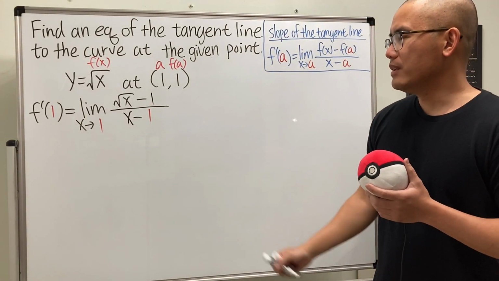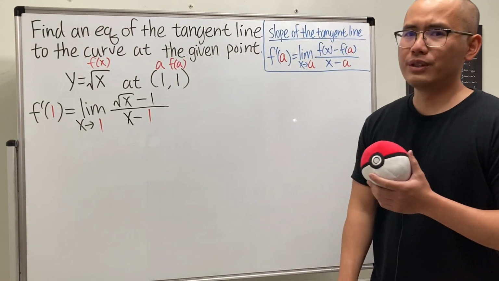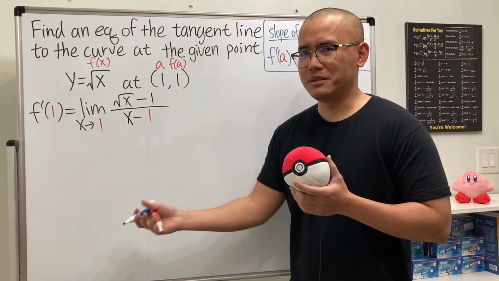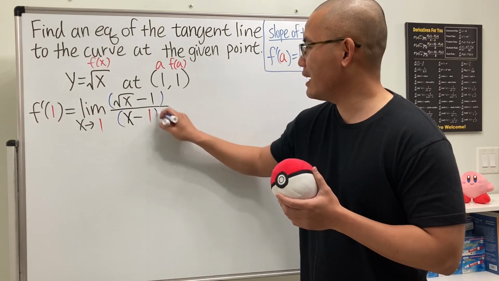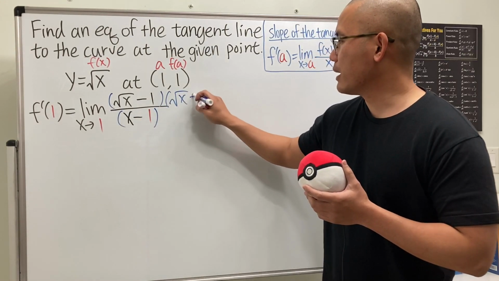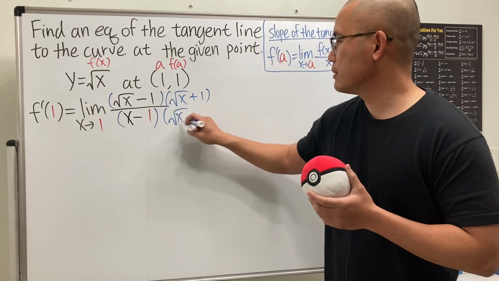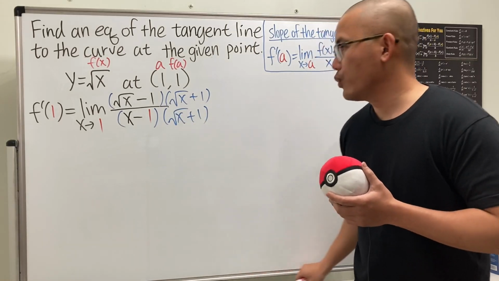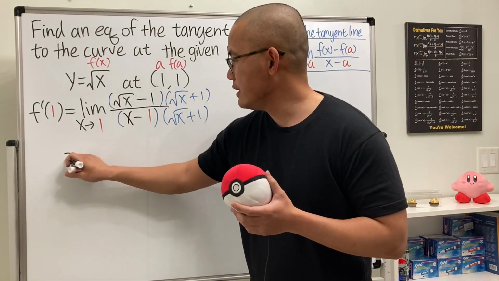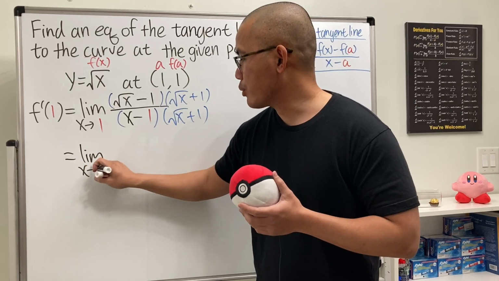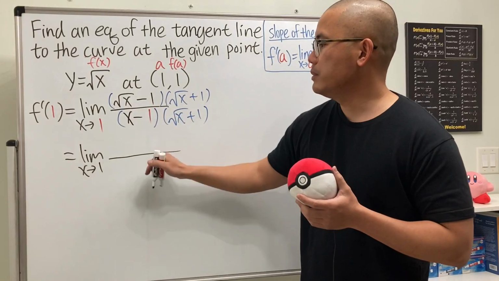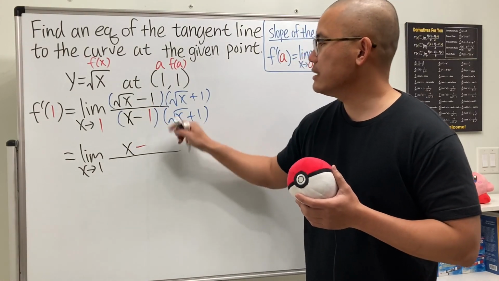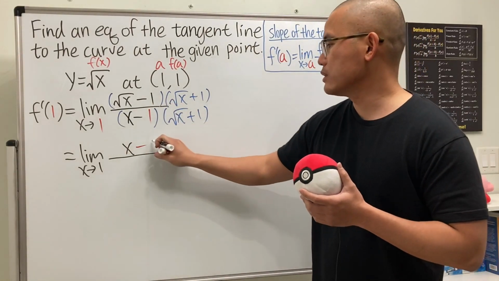All right, for this case, we will have to do the conjugate because we have a square root, and this is a 0 over 0 situation. So let's go ahead and multiply the top and bottom by square root of x plus 1, and also square root of x plus 1. Cool. Now, we will have the limit as x approaching 1. When we multiply out the top, we just square this term, which we get x. And then we square this. 1 squared is 1, so we have that.